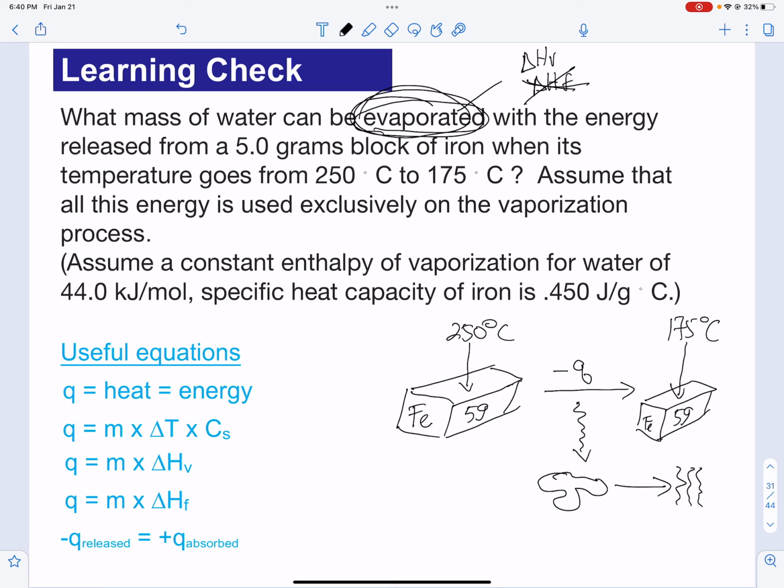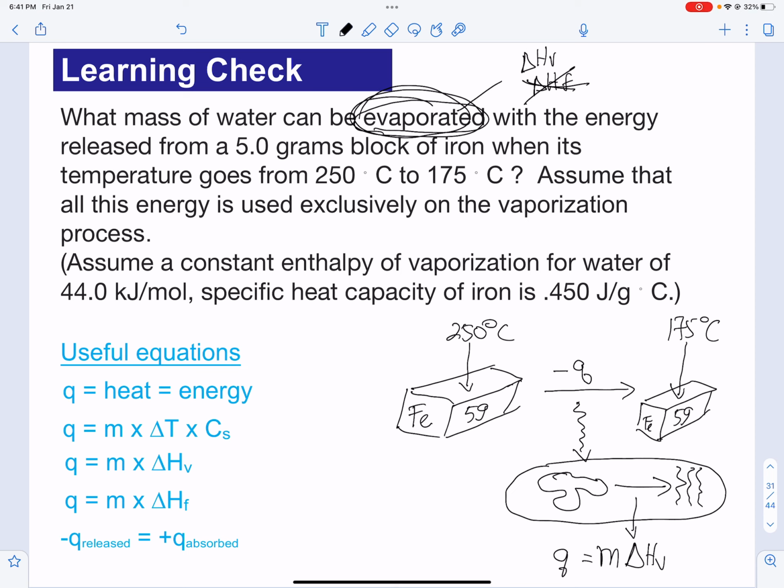So this requires thinking in a different way. We know that this is a change of state. So most likely we're going to use the formula mass times delta HV equals heat.